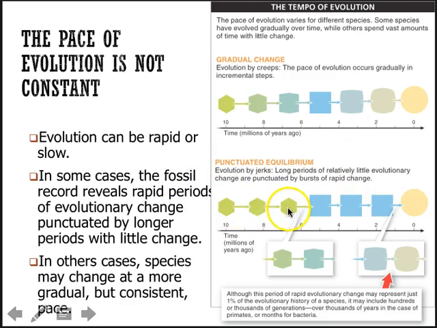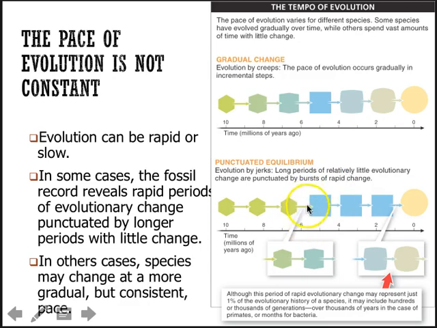The equilibrium, or the stasis, remember we learned that word equilibrium back when we were talking about Hardy and Weinberg. The equilibrium is punctuated by rather fast, over a shorter period of time, evolutionary change, followed by long periods of stasis. We tend to see stasis happening when the environment is not changing very fast.